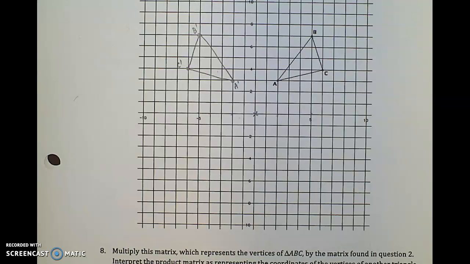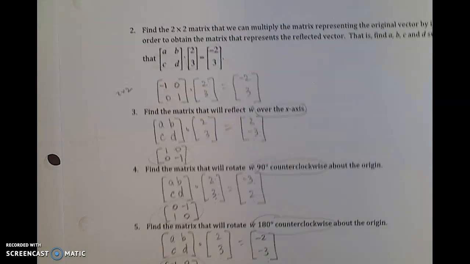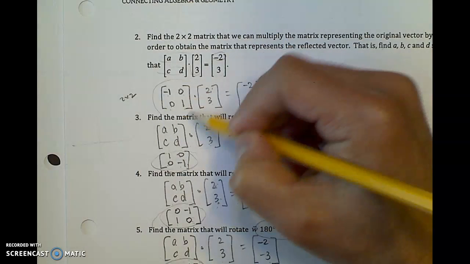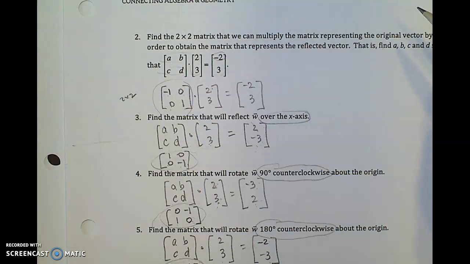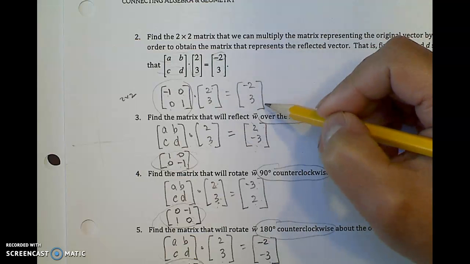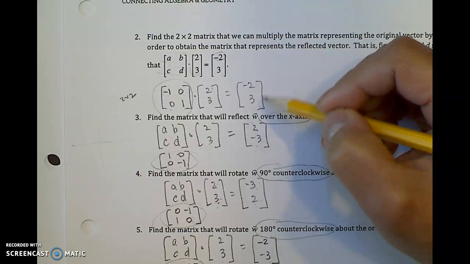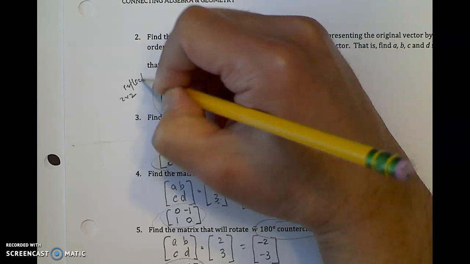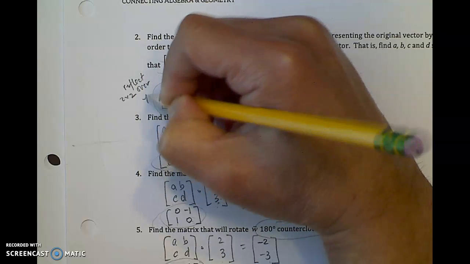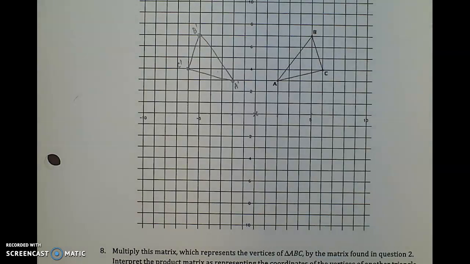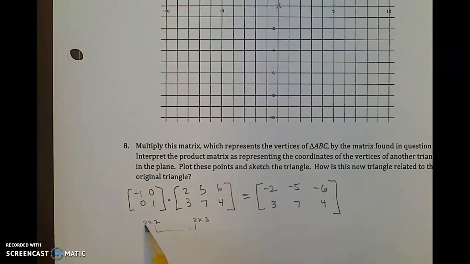Which shouldn't surprise us, because when we did number 2, this matrix was the one we used to get the reflection over the y-axis for the W matrix. So you see that also works for entire polygons.